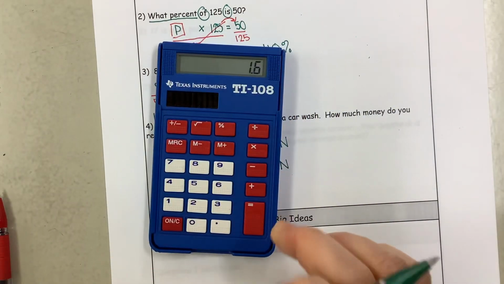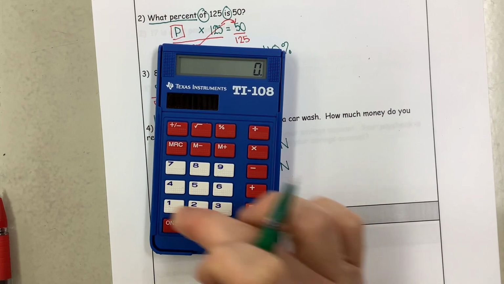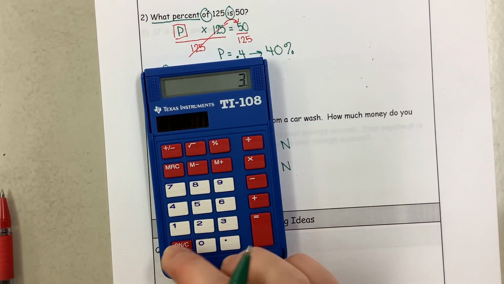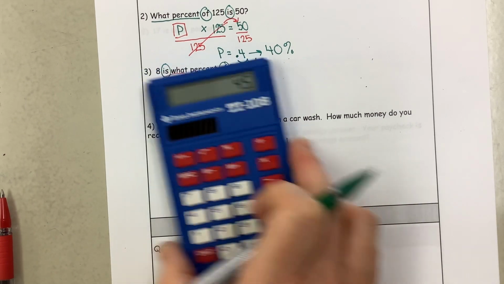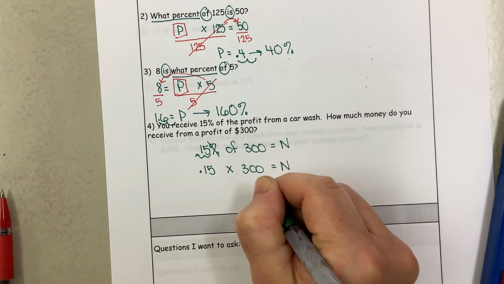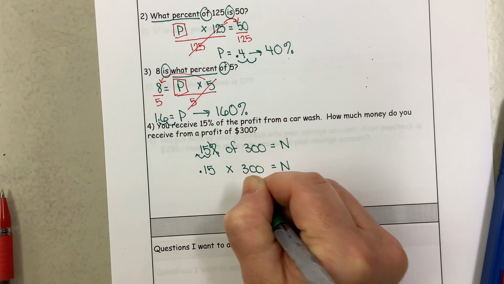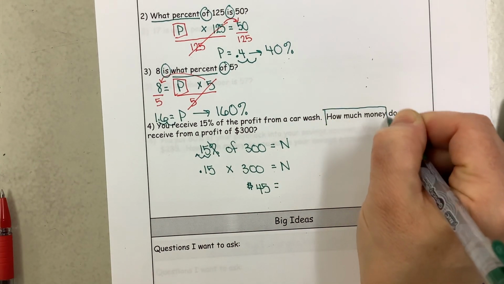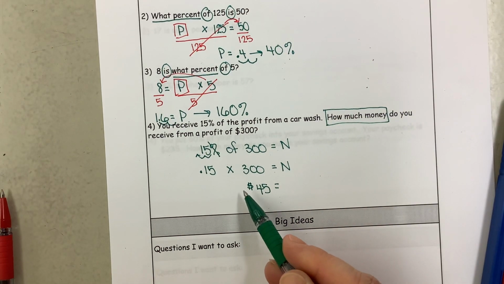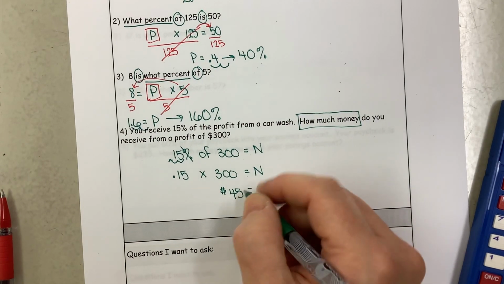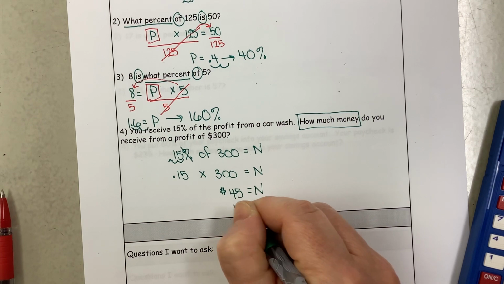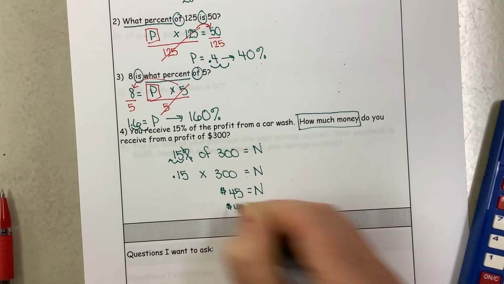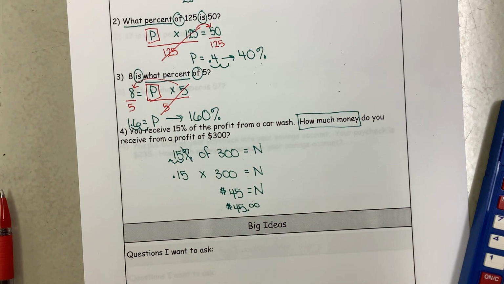So when we do that, we have 0.15 times 300, and that gives us $45. Now please be careful. It asked us how much money, and because this is money, I expect a dollar sign. You can also put 45 with the 2 zeros after if you like to write it that way. Either one of those would work. Alrighty.